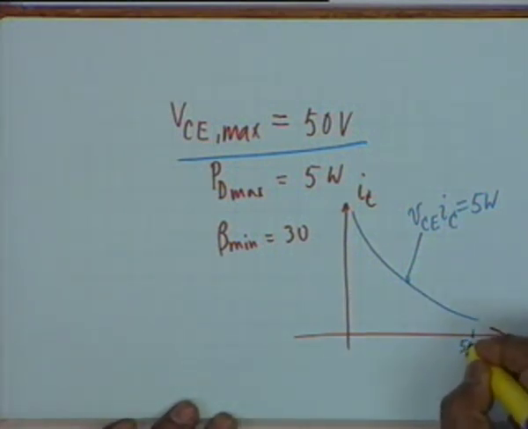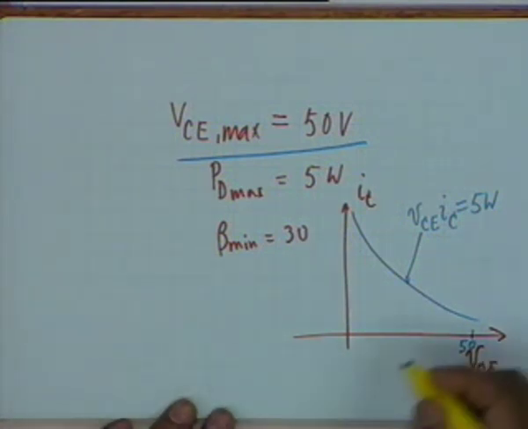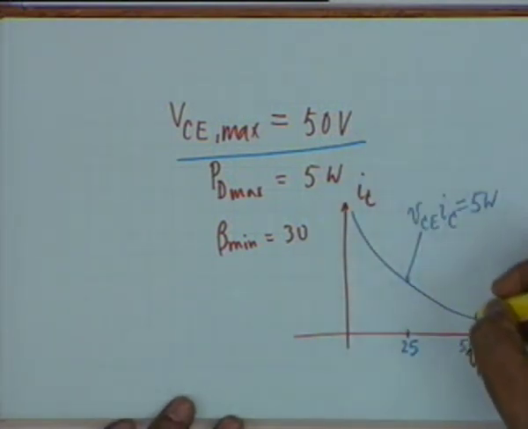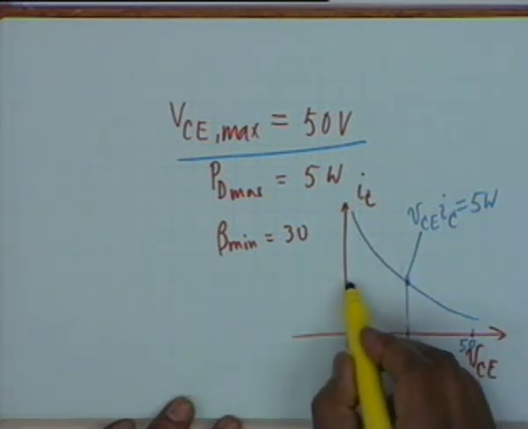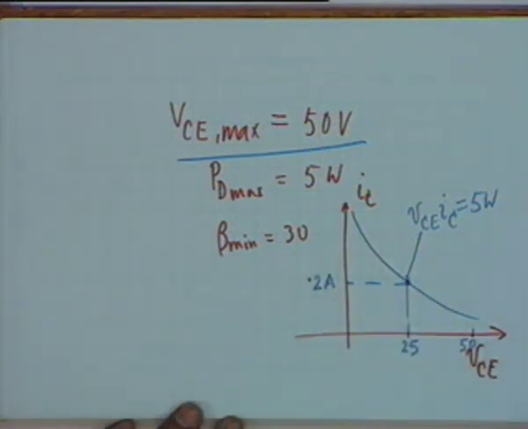So you mark a point 50 volt here. Then obviously the maximum voltage swing can be 25 volts if the characteristics are ideal. So you mark the 25 volt point, and you know that for maximum power output your Q point must be on the PDmax hyperbola, and therefore you go up and see where it meets. Obviously the current here shall be 0.2 amperes.